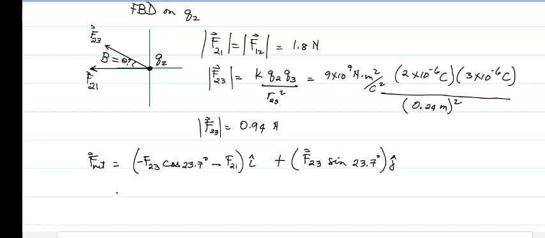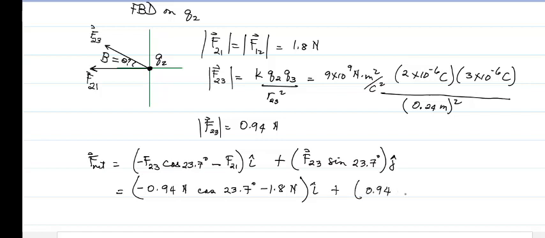So plugging in the values, we have negative 0.94 newton cosine 23.7 degrees minus 1.8 newton, this is the x component, i hat, plus 0.94 newton sine 23.7 degrees j hat.